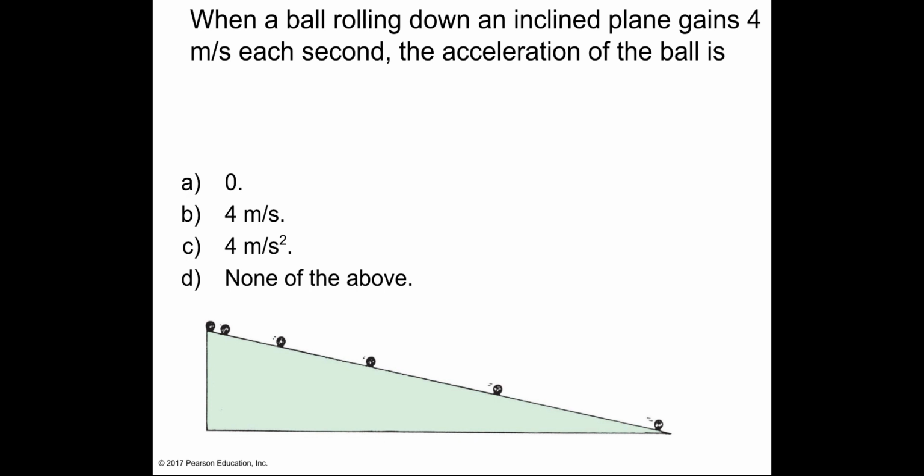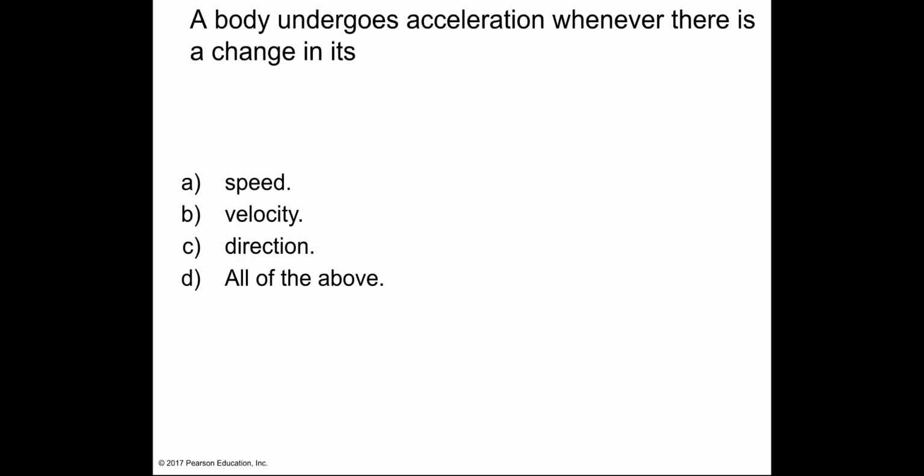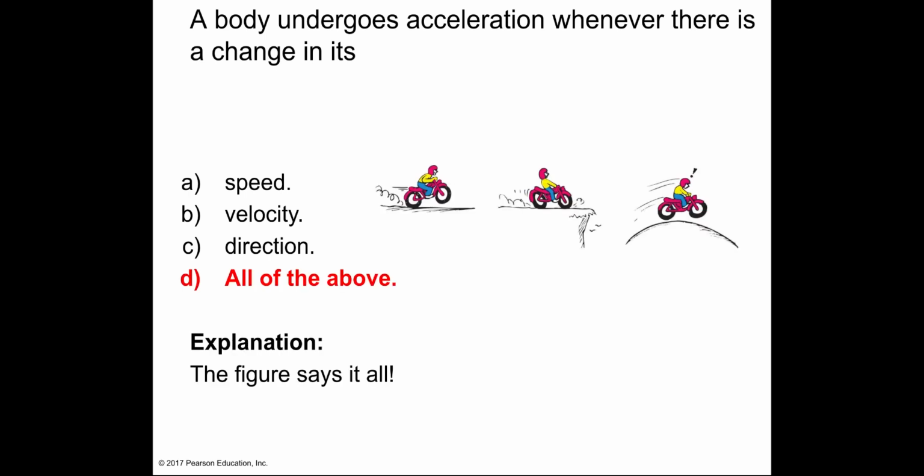You divide the 4 meters per second by 1 second, and that's why it gives you 4 meters per second squared. Per means divided by. A body undergoes acceleration whenever there is a change in its speed or velocity. So all of the above, because if speed is changing, if velocity is changing, if direction is changing, the object is accelerating. Okay, it's the same thing.